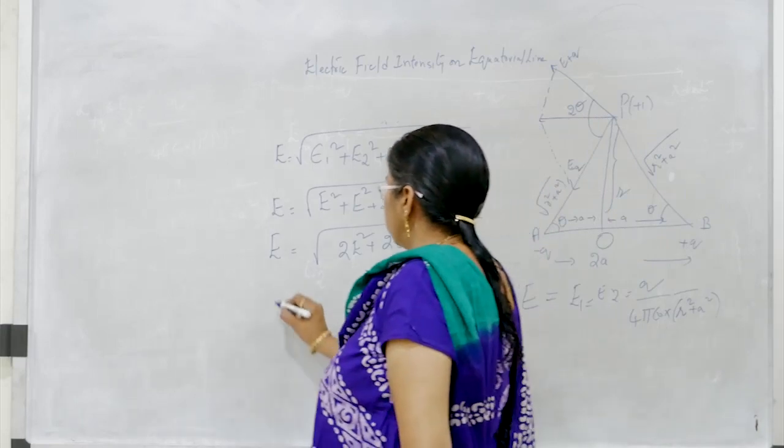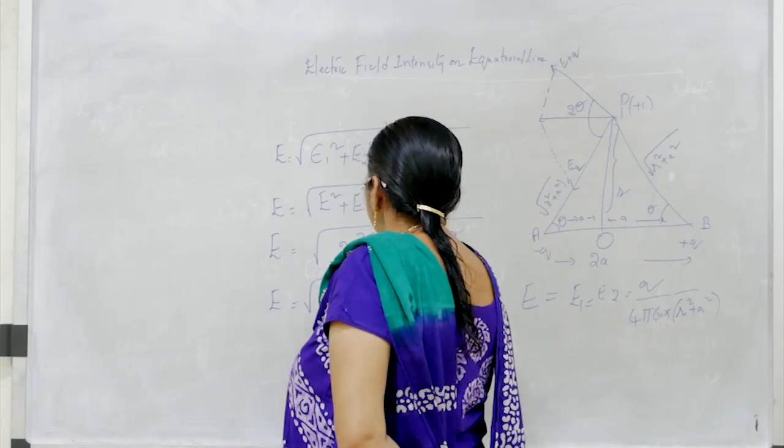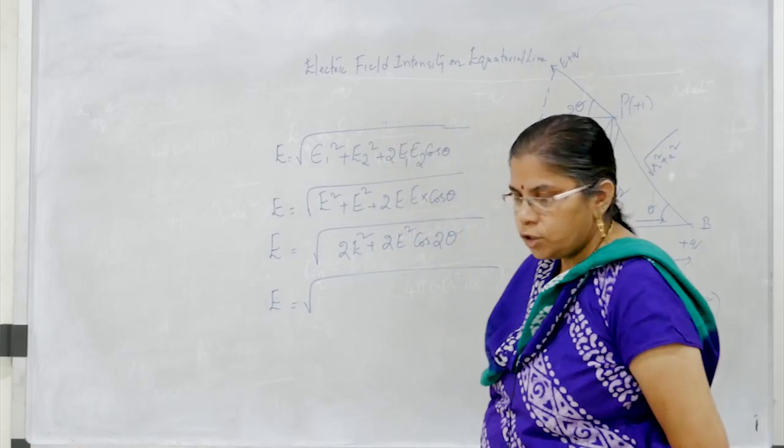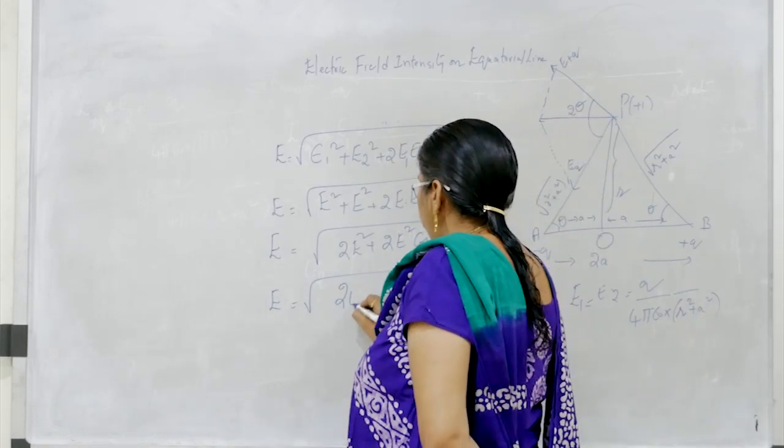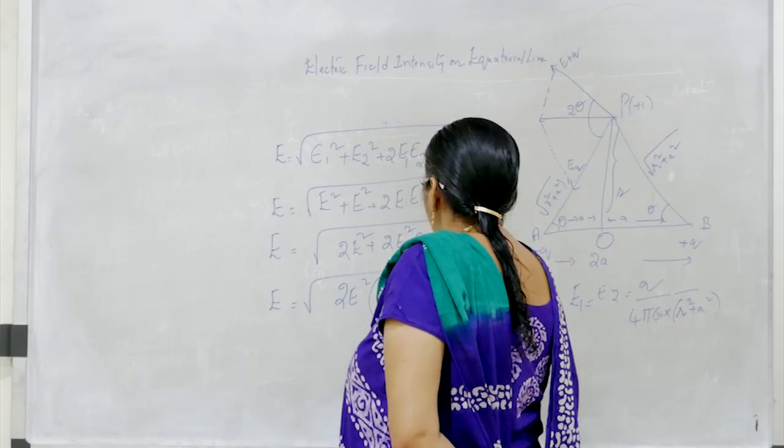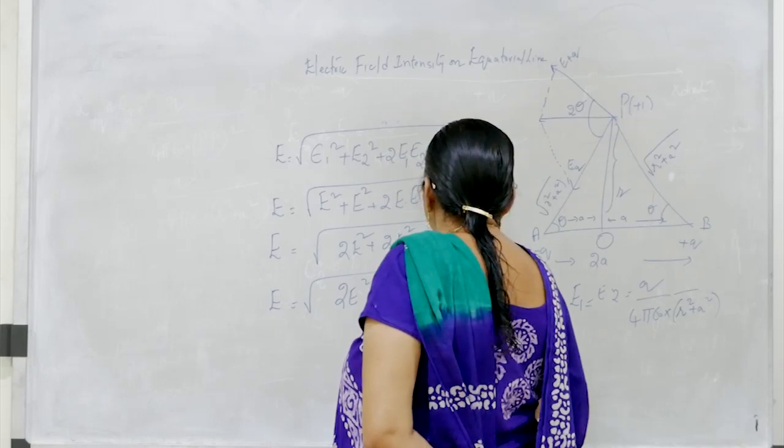So E becomes root over, I take 2E square as common. So 2E square into 1 plus cos 2 theta.